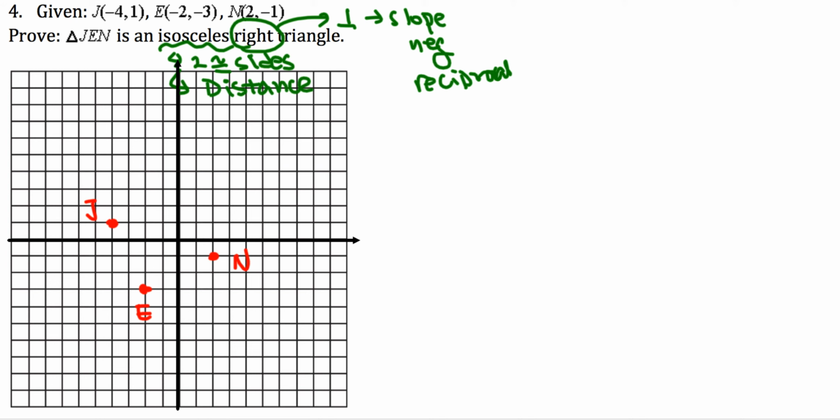So if I have to connect them together, it looks like some sort of isosceles triangle, and then it looks like a right triangle as well. But we need to prove that.